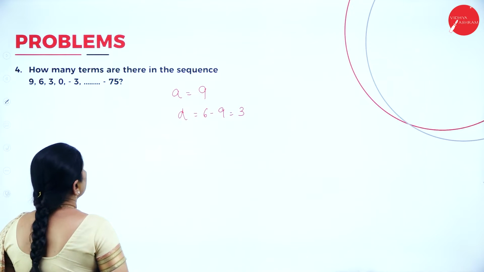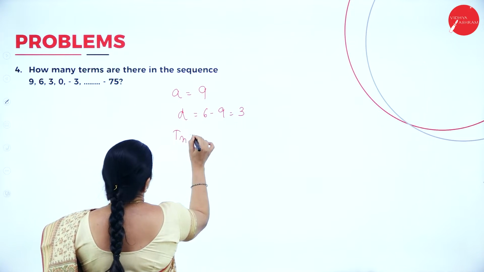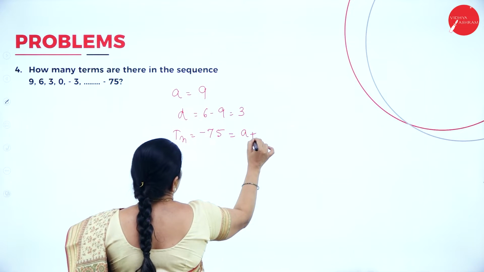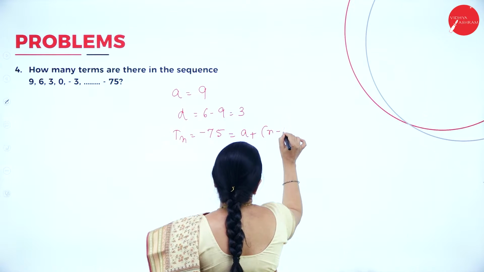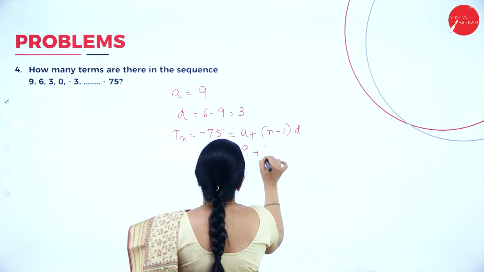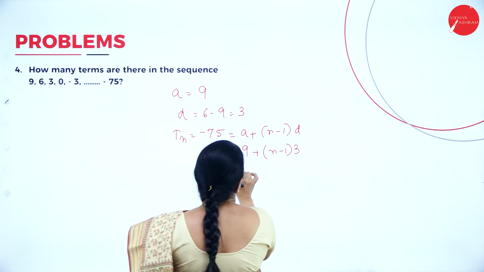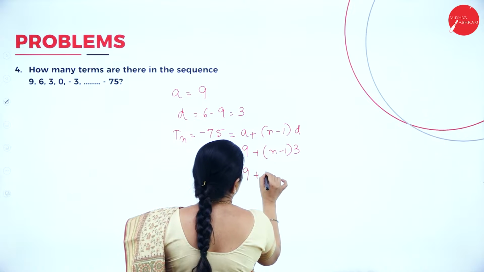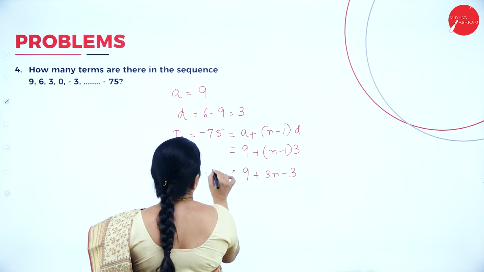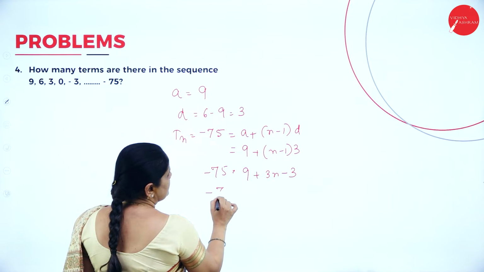So Tn equals minus 75 equals A plus n minus 1 into D. So 9 plus n minus 1 into minus 3. So 9 minus 3n plus 3. So minus 75, then we will simplify this.